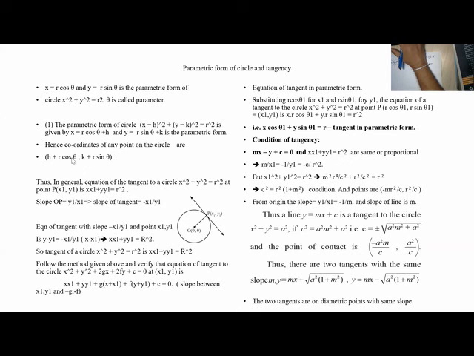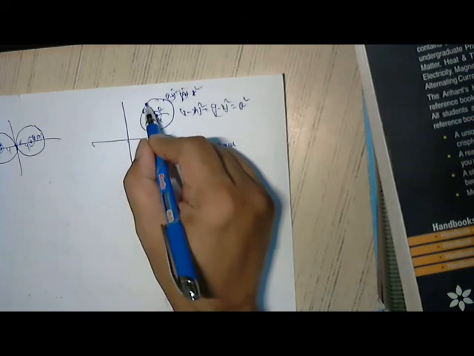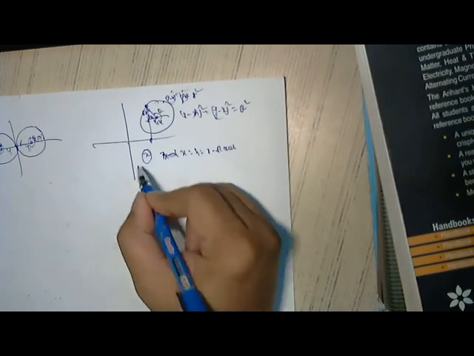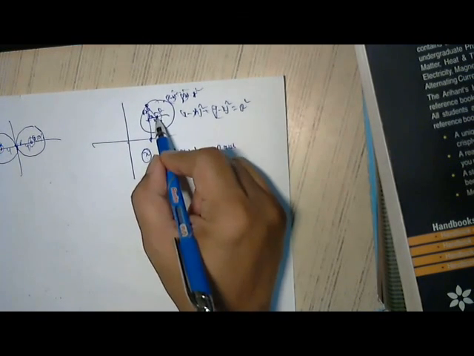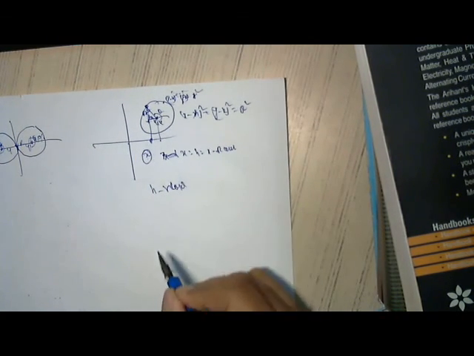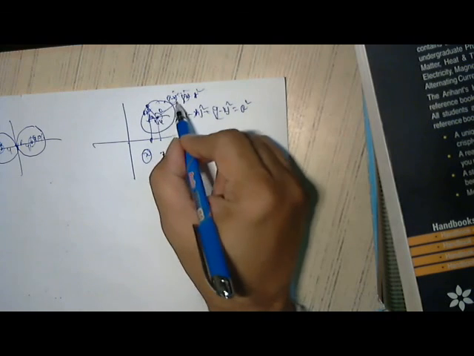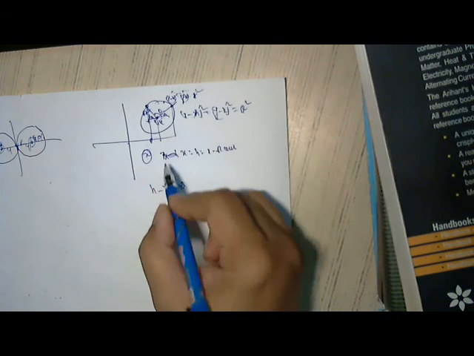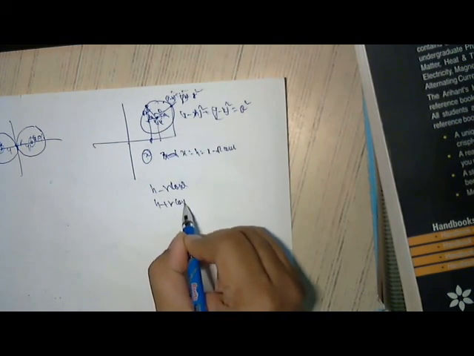Here h plus r cos theta is my x component. If the point is on the other side, it would be h minus r cos theta.